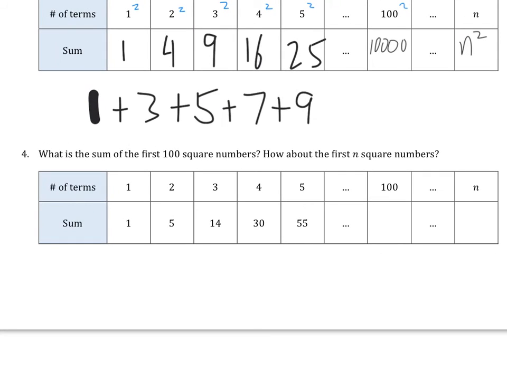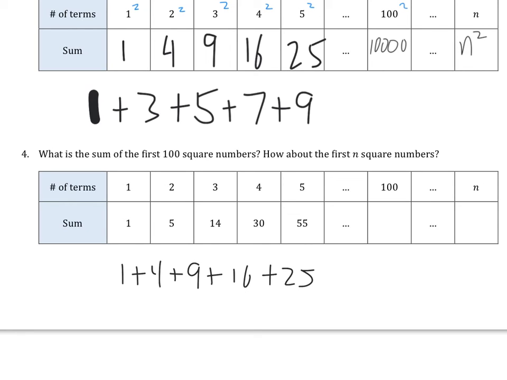One more pattern, okay? What happens when we add up the first n square numbers? Okay, here they are, kind of filled in for us. So this is adding up 1, 1 plus 4, 1 plus 4 plus 9, 1 plus 4 plus 9 plus 16, so on and so forth, and we add 25.